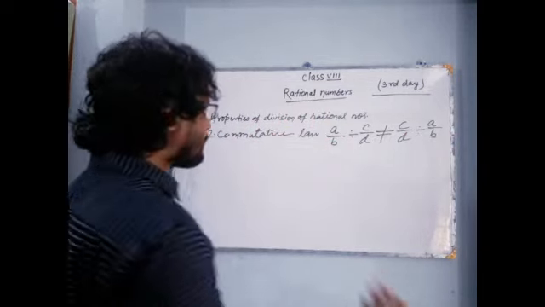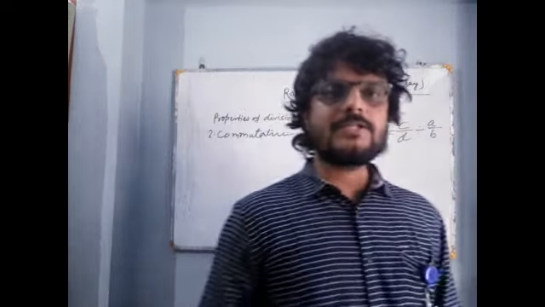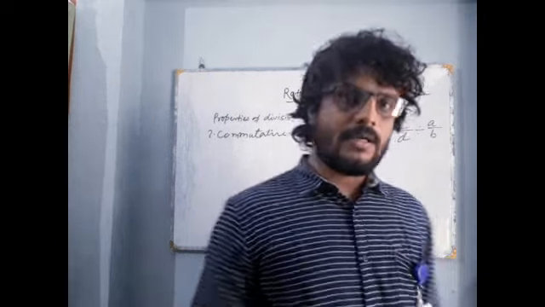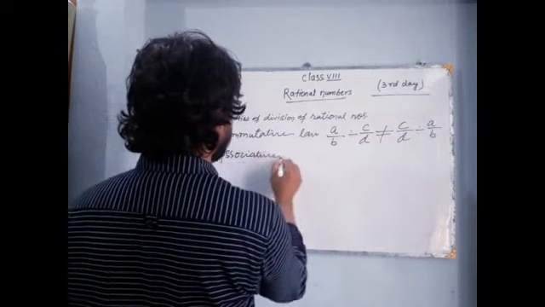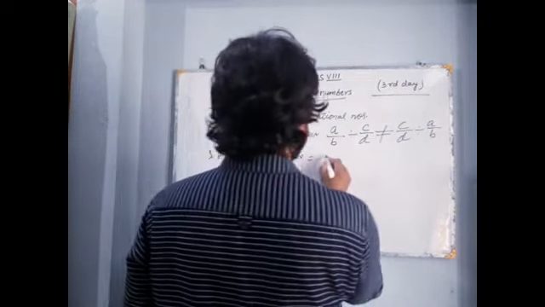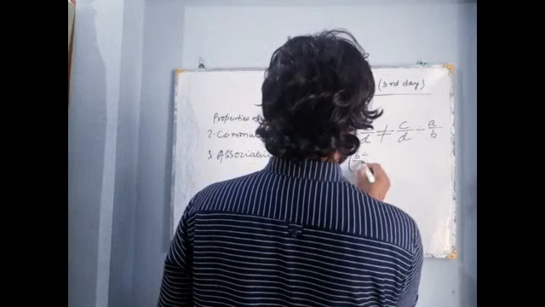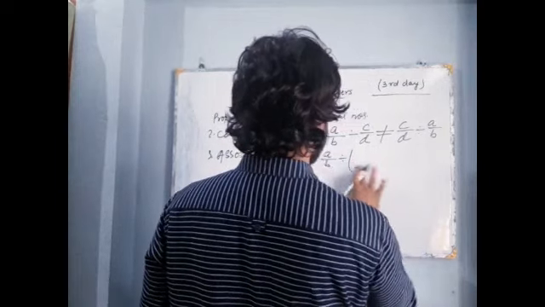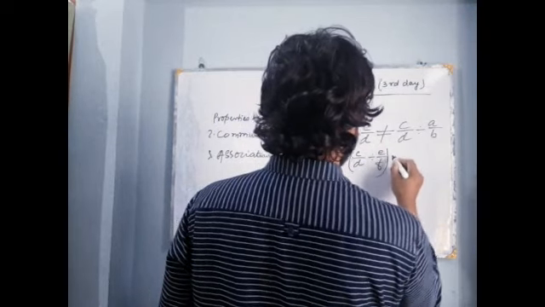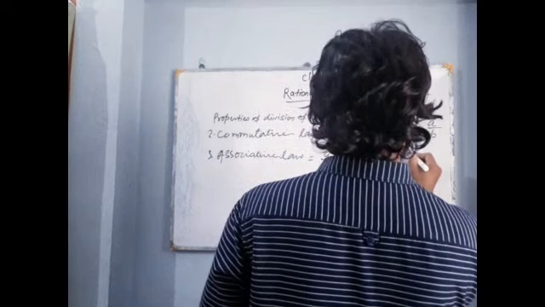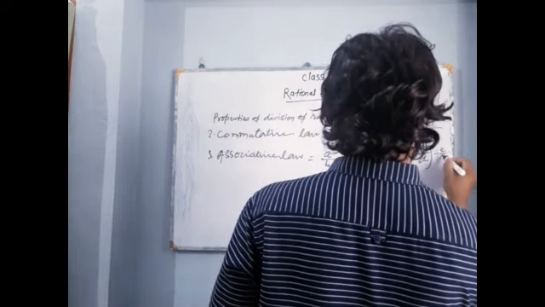Got it? Our next property is associative law. Similarly, division of rational numbers does not follow associative law. It shows that associative law: a by b divided by c by d, divided by e by f, is not equal to a by b divided by, c by d divided by e by f.